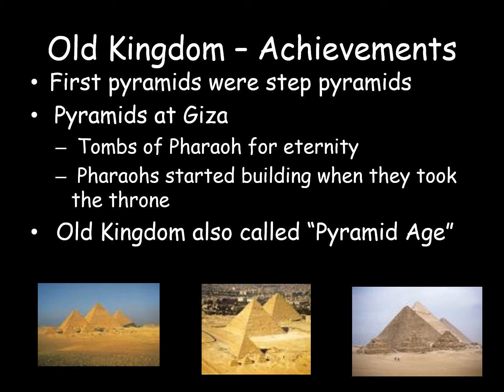Because of all the pyramids, the Old Kingdom was also called the Pyramid Age. If we think back to Sumer, they also had a type of step pyramid called a ziggurat, but the big difference is that the pyramids in Egypt were actually tombs, not just places of worship.